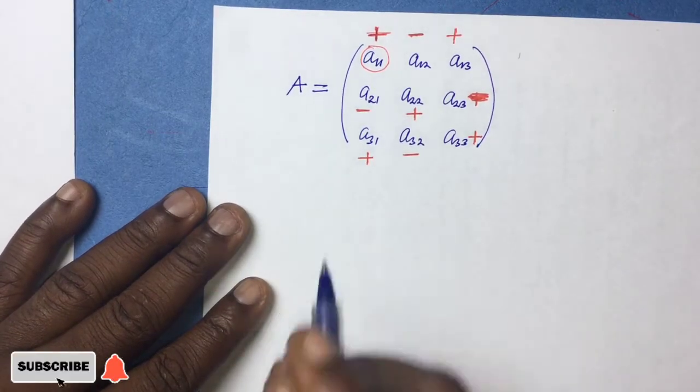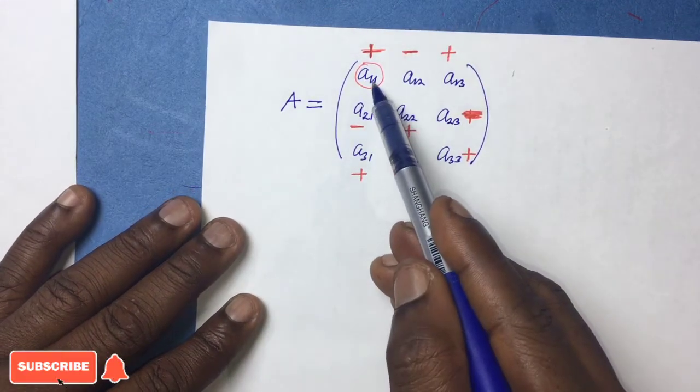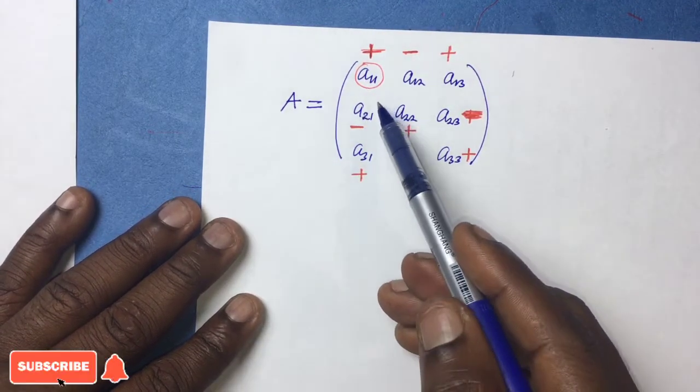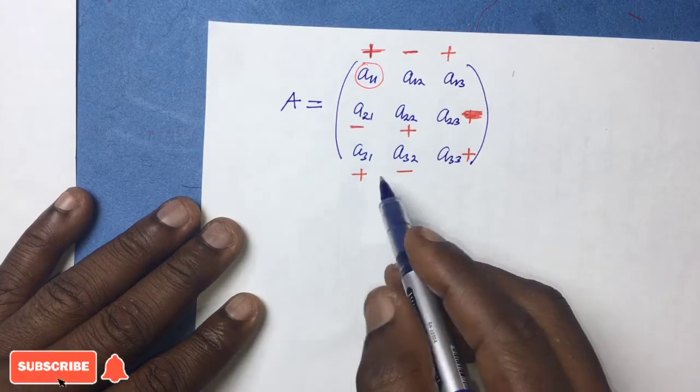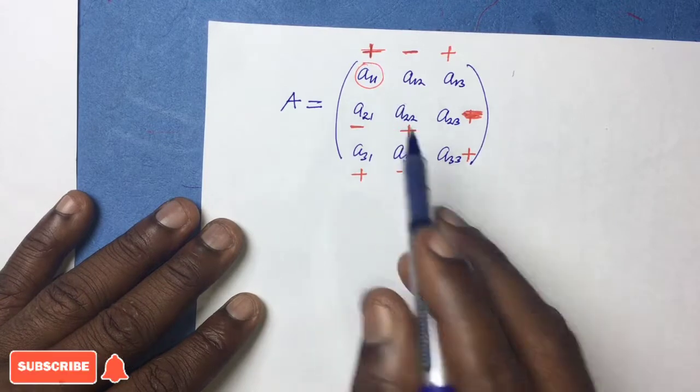Now, the next thing I want to tell you is about the minor. Now, you see every element in a matrix has a minor. How do you form the minor? The minor is the determinant corresponding to that element when you cross the element out. Okay?